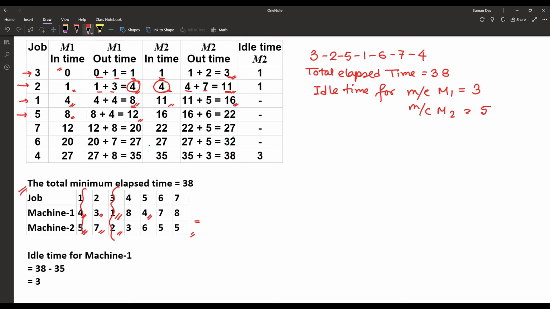Machine M2 out time was 16, so it has in time 16 for job 5, and its processing time is 6, so its out time is now 22. Next job in the sequence is 7. Machine M1 out time 12, so its in time is 12, and for job 7 the processing time for machine M1 is 8, so its out time is now 20.